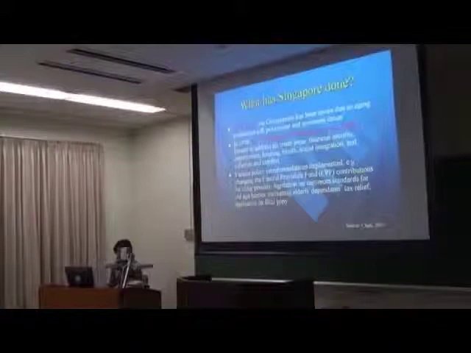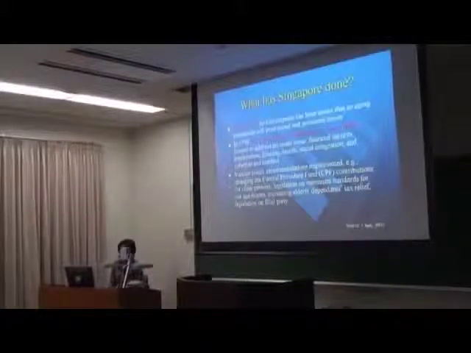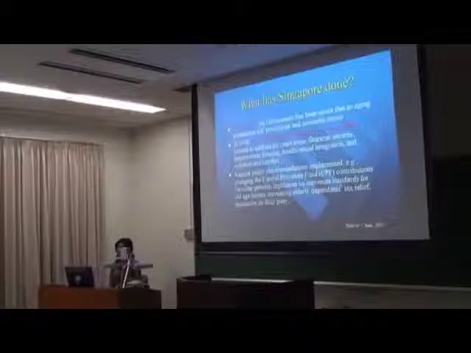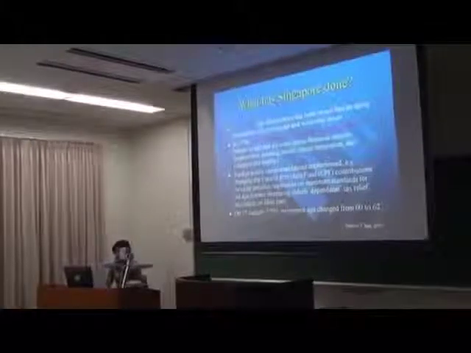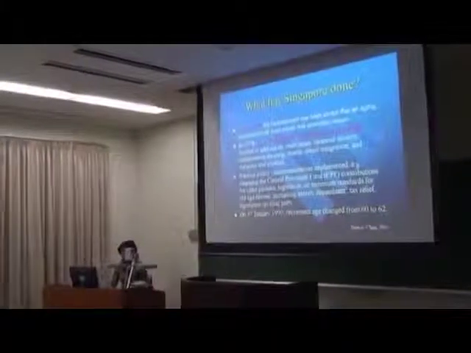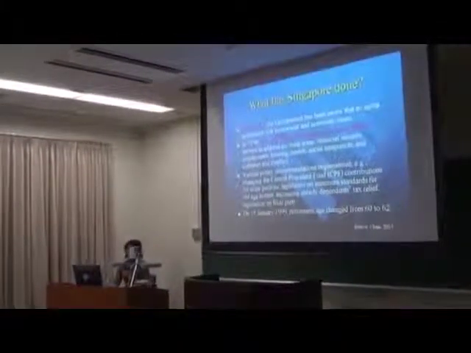So this kind of thing they had launched in the old days, but now the people from the second demographic dividend perspective said, wait a minute, is this good enough already, or do we need another kind of policy? One thing that they would like to do is to increase the retirement age from 62 to 64.